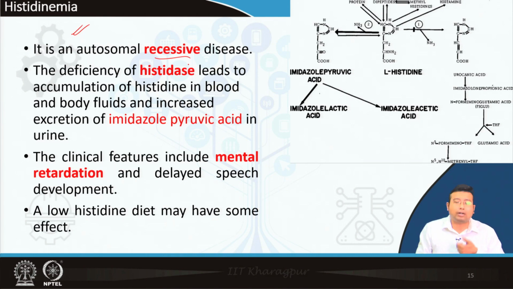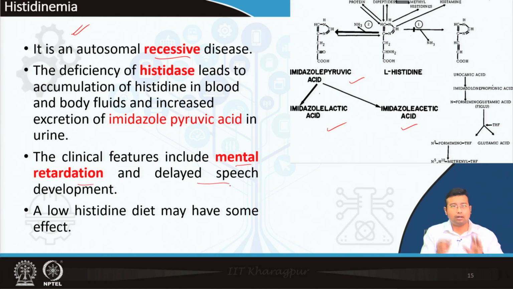Histidine, if it is not acted upon by histidase, forms imidazole pyruvic acid, imidazole lactic acid and imidazole acetic acid, right. And all these intermediates, you are just required to remember the names, and these intermediates will lead to features of amino acid metabolism defect, disorders of amino acid metabolism, which is mental retardation and delayed speech development.